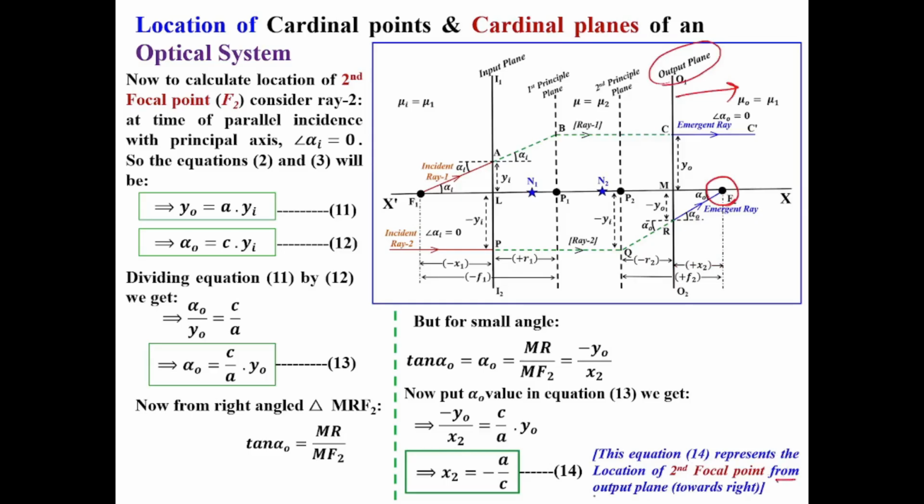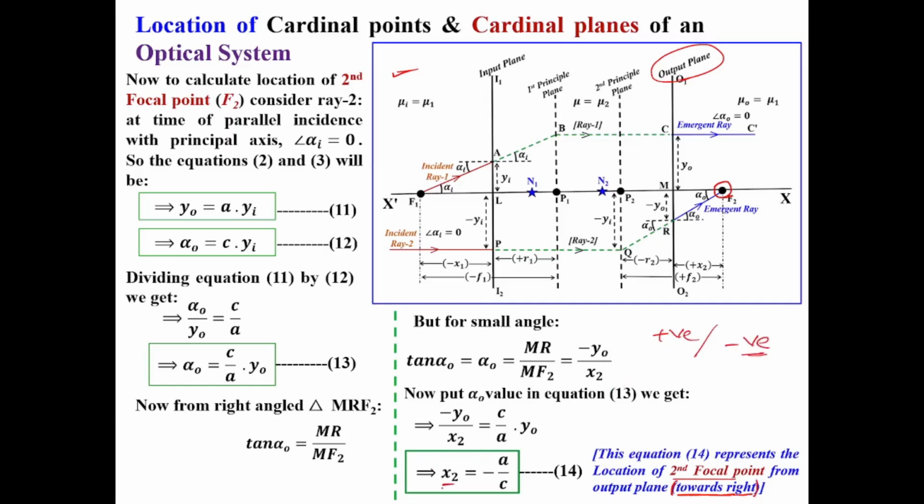Here I have written towards right because in this particular figure the location of the second focal point is right to this output plane. So I wrote towards right in this bracket, but actually this x2 value may be positive, may be negative.